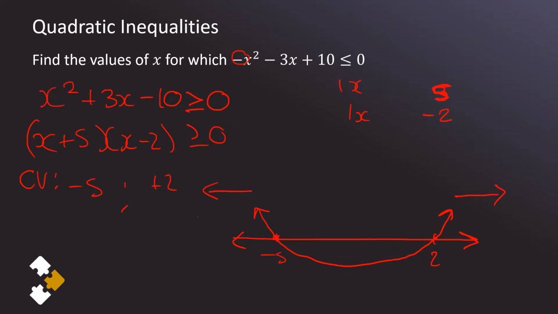Drawing that out correctly, we have x is an element of negative infinity to negative 5, and x is an element of 2 to positive infinity. All right. And we're going to insert square brackets because it is greater than or equal to, including our values. Okay.